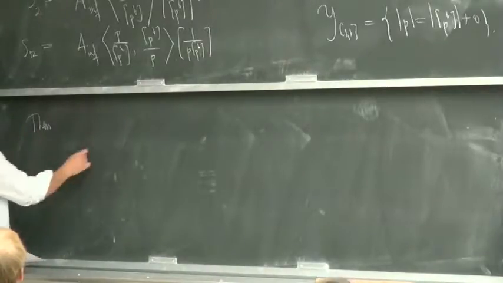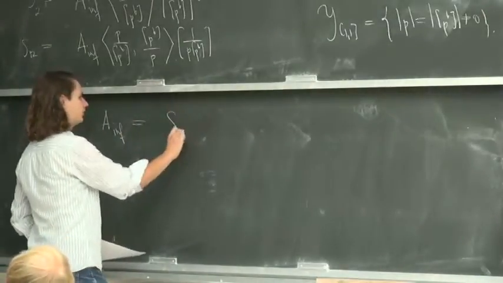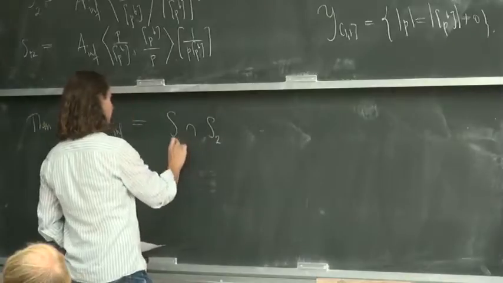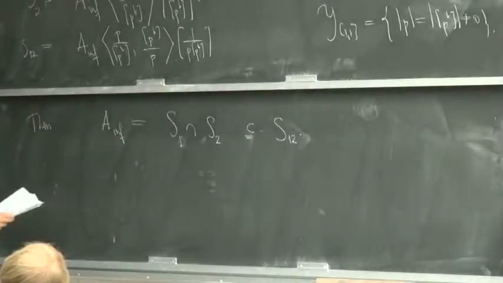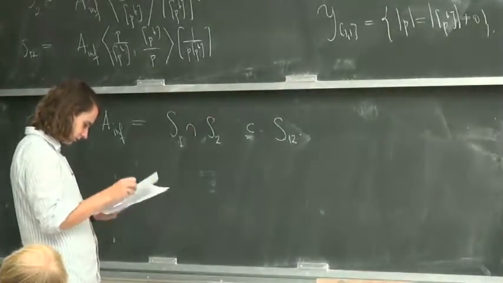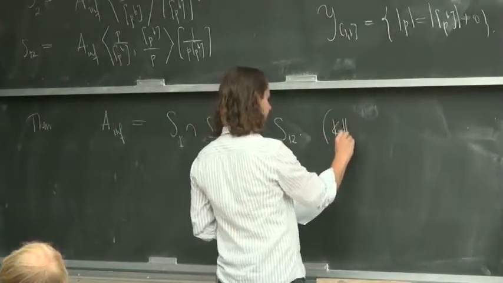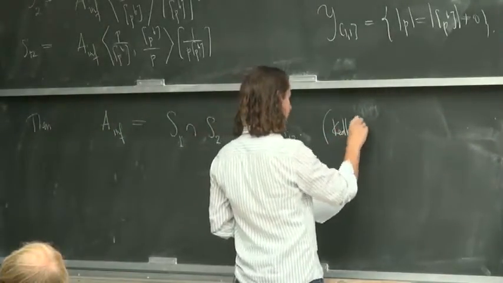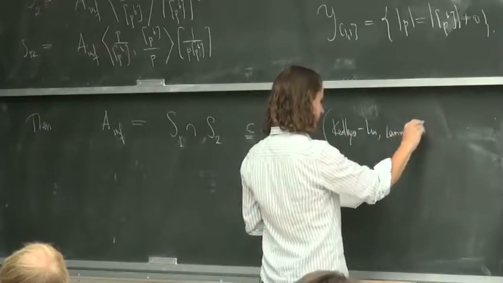The statement you need is that A-inf is really the intersection of S1 and S2, which both map injectively into S12. And today I even have a reference for this result: Kedlaya-Liu, Lemma 5.2.11(c).